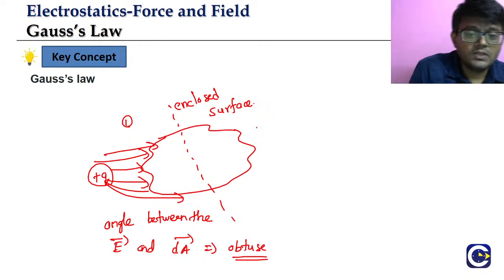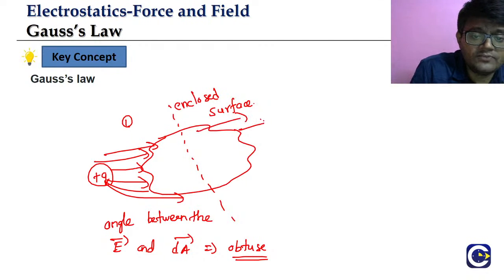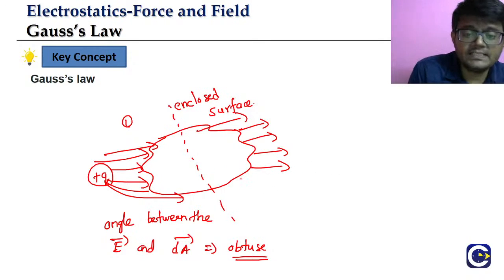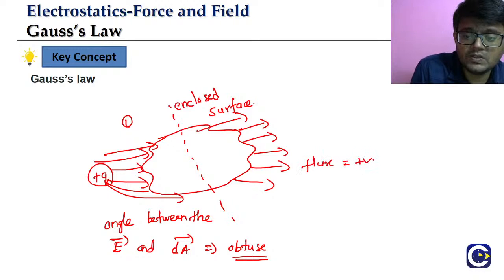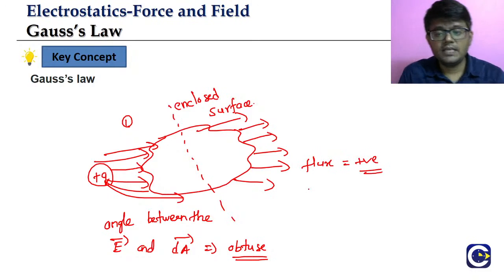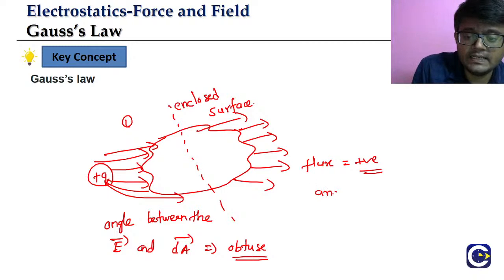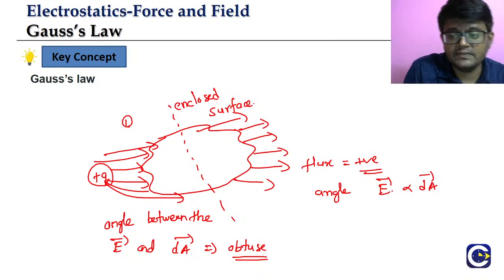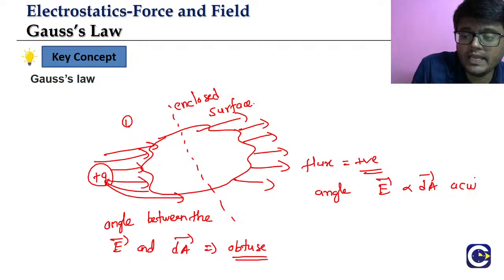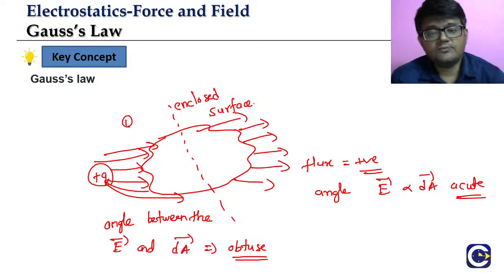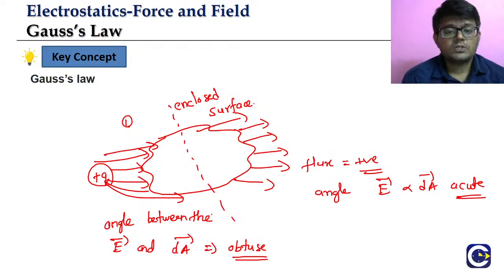On the other side the field lines will be leaving that surface. When the field lines are leaving, the flux will be positive. Here the angle between E bar and a small area on that surface will be an acute angle, so the flux will be positive.